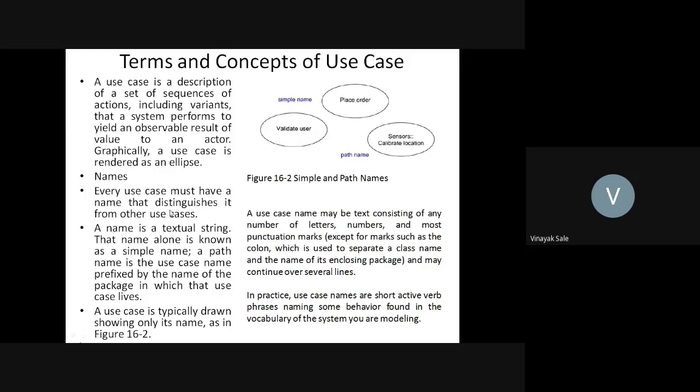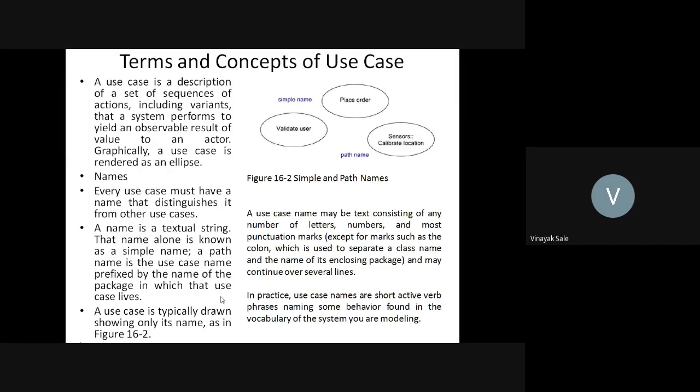Every use case must have a name that distinguishes it from the others. A name is a textual string. A name alone is known as a simple name, or a path name is a use case name prefixed by the name of the package in which the use case lives.